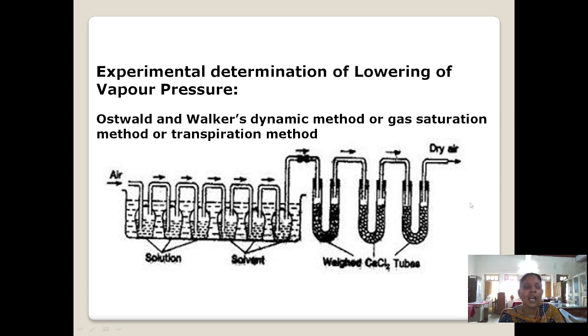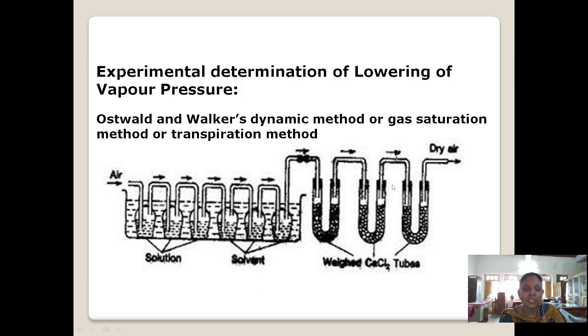Here we can observe some amount of loss of solvent, and also in the solvent bulbs we will observe some loss in weight of the solvent. But in the U-shaped tubes we can observe a gain in weight, because what was lost in the form of vapor molecules and saturated in the air is absorbed by the reagent. That's why we will observe an increase in weight of the U-shaped tubes.